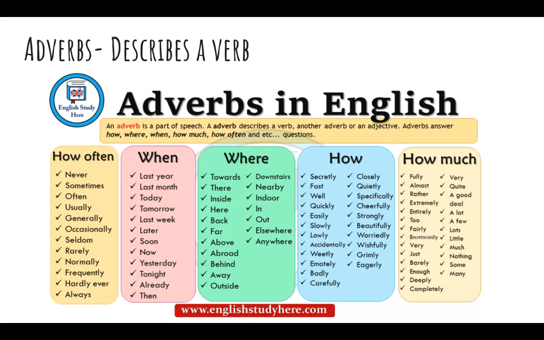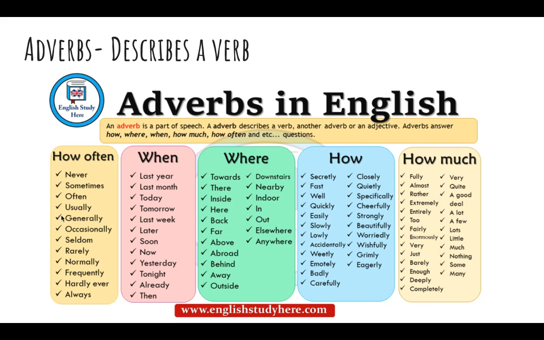All right, next we have adverbs. Adverbs describe a verb. So it tells you how often, when, where, how much. It tells you about that verb. I never run. So that's telling you how often do you run?